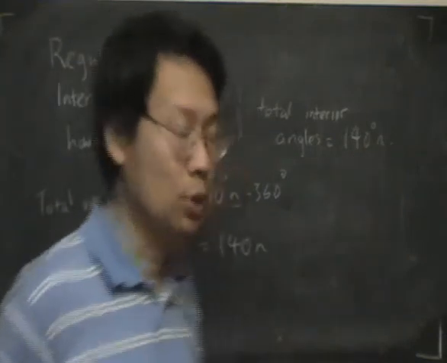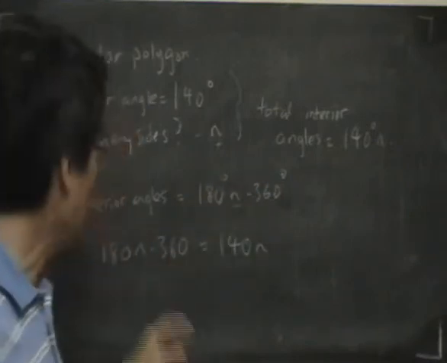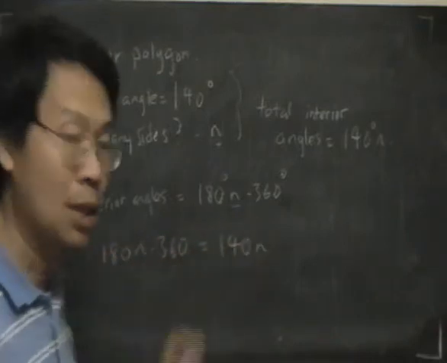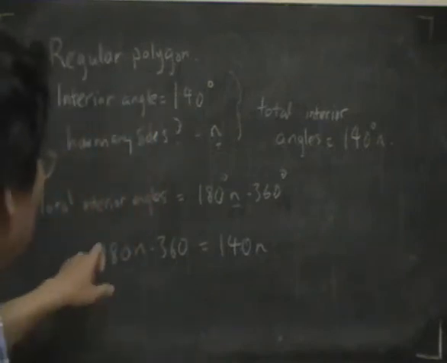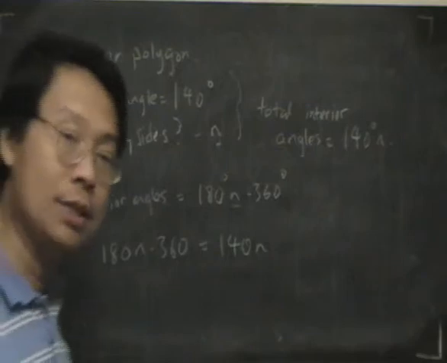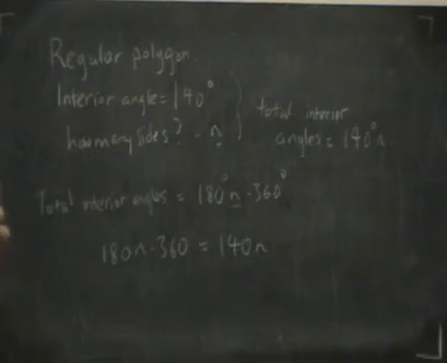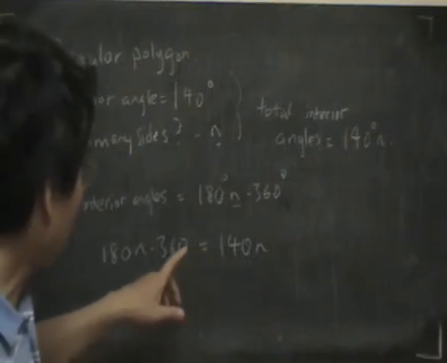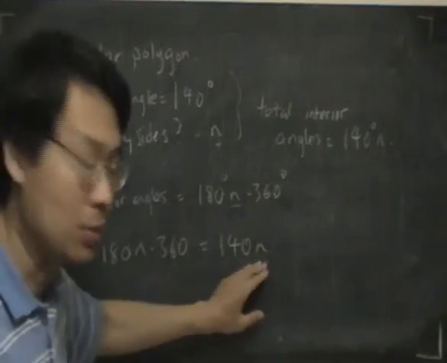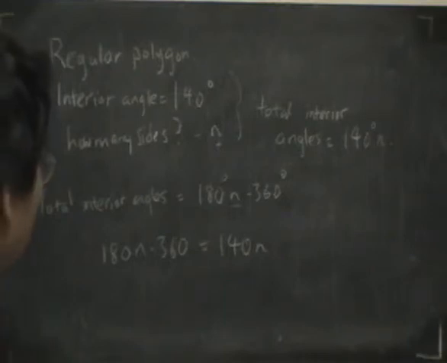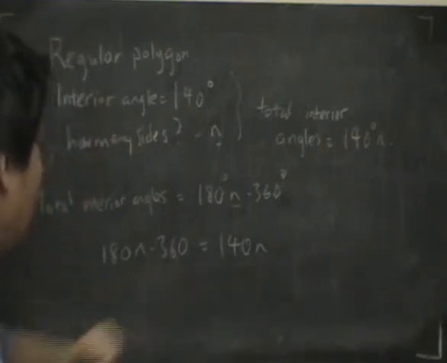Notice that I've dropped the degree symbol for now. That's okay because it's the same unit for all the terms, so I can put it back in later. So I have an equation and I can use algebra to solve this problem. Let me start by subtracting 140n from both sides to remove it from the right side, and I would add 360 to both sides to remove that.